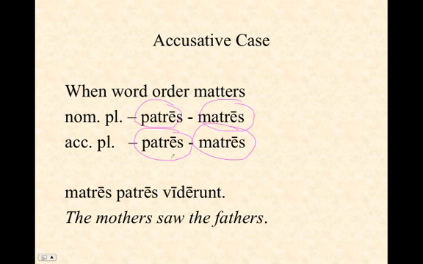In that case, and that case alone, the first word, matres here, is the subject. The second word, patres here, is the object. And so matres patres viderunt would mean the mothers saw the fathers.